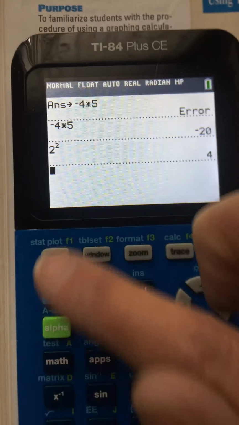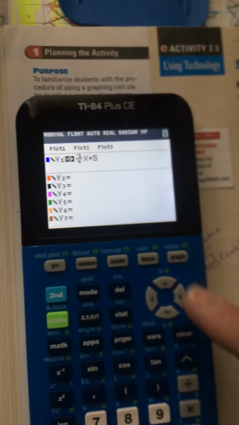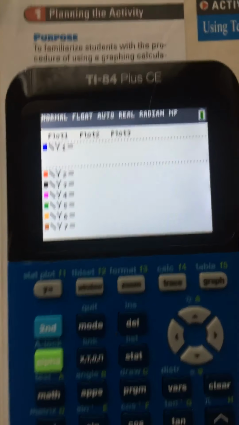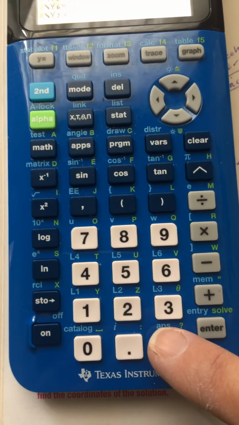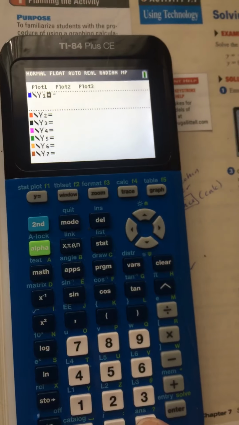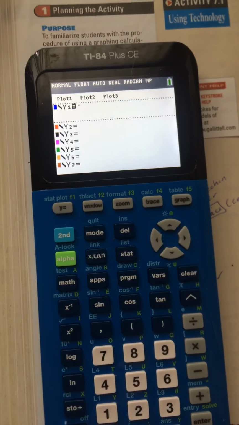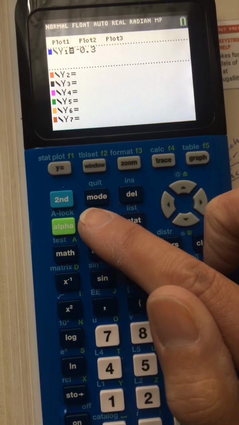So we're going to go to the y equals button. We're going to clear out anything that's in there, so I'm going to push clear. Okay, now I'm going to type this in. Negative is down here on the bottom, minus is over here. So negative is at the beginning, minuses are in the middle. But at the beginning, it's always a negative. Negative 0.3x.